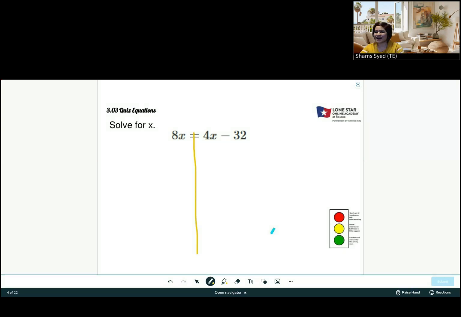Whenever we have equations that have variables on both sides, we want to bring the variables to one side.